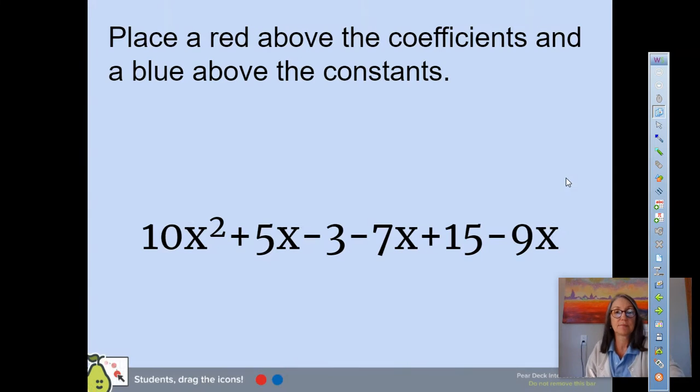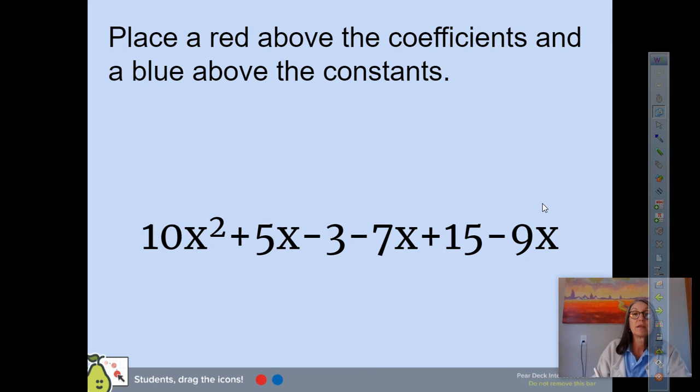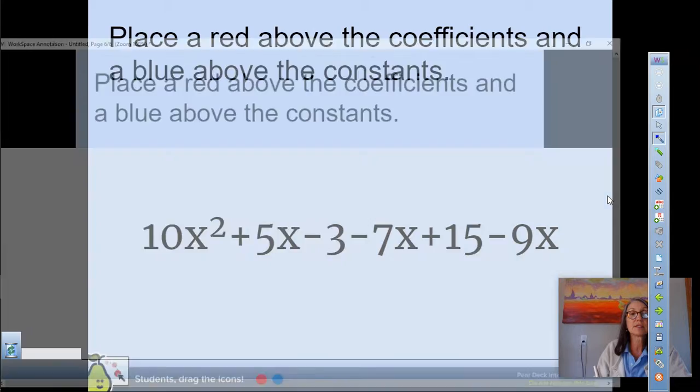That's how that looks. We want to place a red dot above the coefficients and a blue dot above the constants. See if you can name the coefficients. And now, see if you can name the constants. So let's get our dots.